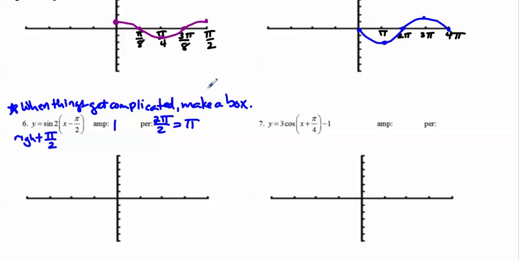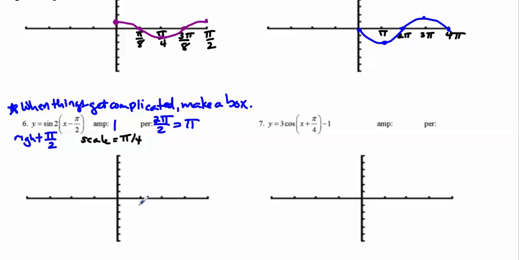I'm going to want to change my scale. So my scale is the period, which is pi, divided by 4, which is just pi over 4. So every box is going to count for pi over 4.